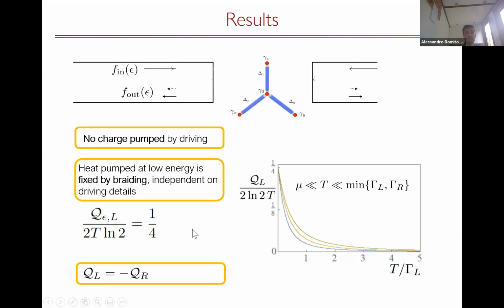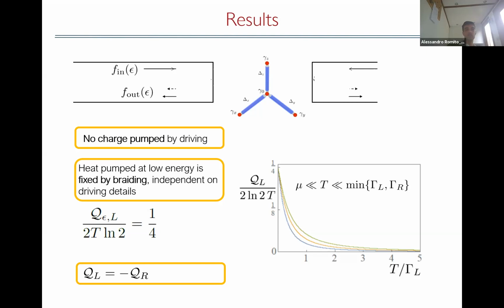And the interesting result is that this heat pump essentially depends on nothing but the temperature. So if you take the limit in which the temperature goes to zero, you obtain a universal value, which can be related to some geometric property, which is a fraction of the sphere spanned by the parameter space. But that's a side comment.